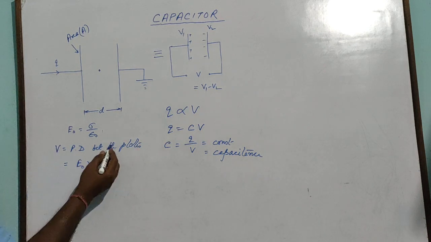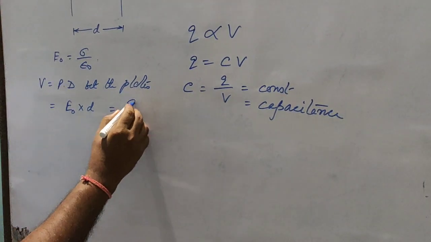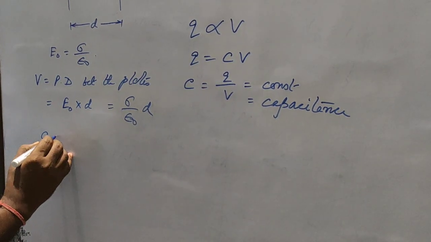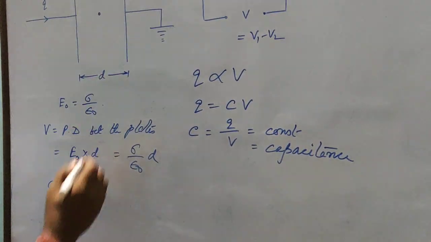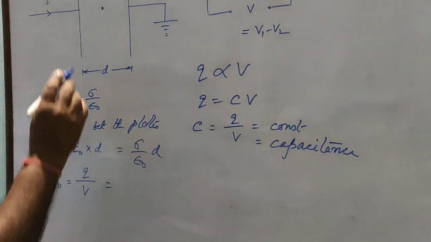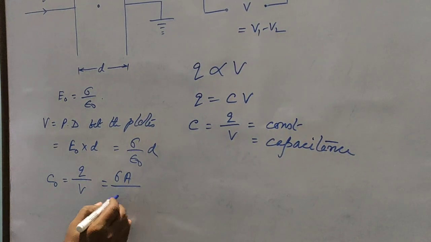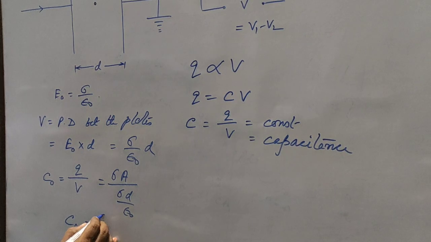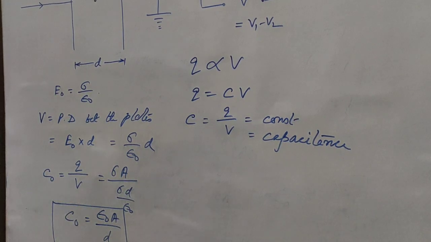You know the formula V equals E into D. This means it is sigma by epsilon naught into D. So capacitance, when there is free space between the two plates, is equal to Q by V. Q will be equal to surface charge density into area of the plate, and V is sigma D by epsilon naught. This is the formula for capacitance, C equals epsilon naught A by D.